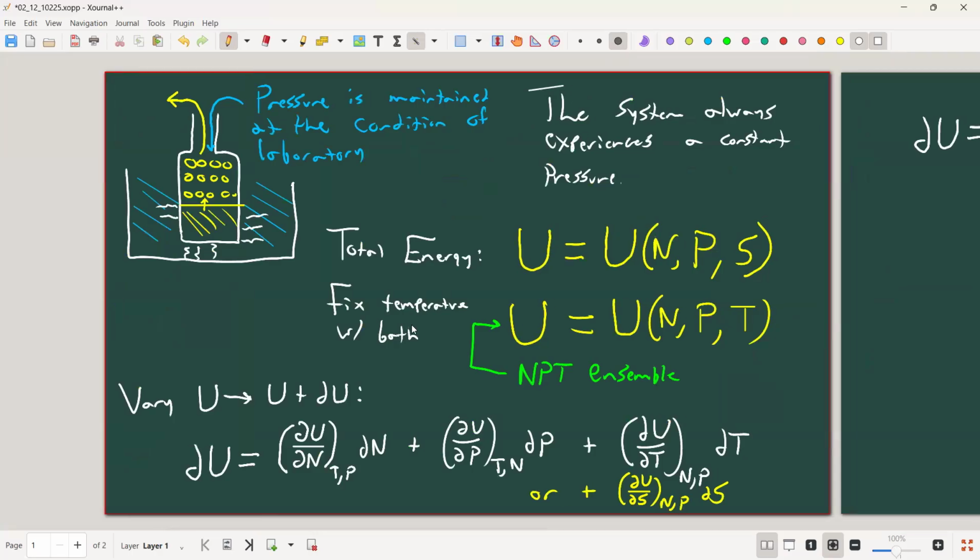It's not compressible. And we don't really care so much about the pressure or the volume of the gas inside the cylinder because the pressure is constant. Pressure is not changing at all. And most of the time, we're not changing the volume either, right? Because we have a fixed container, a glass container. It's not really expanding or contracting.